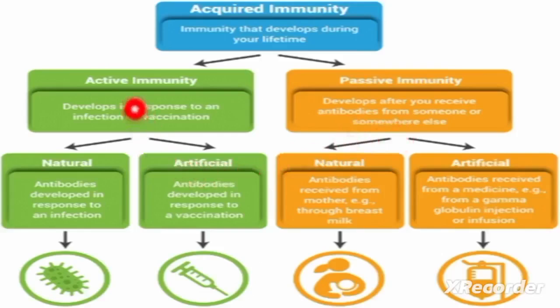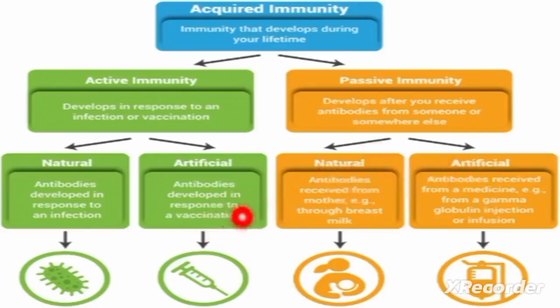Then the active immunity is further categorized into two. There is natural active immunity and artificial active immunity. Natural active immunity are antibodies developed in response to an infection. Then the artificial active immunity, antibodies developed in response to vaccination. We also have passive immunity categorized into two, natural and artificial.